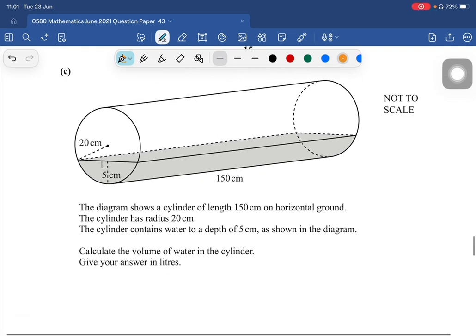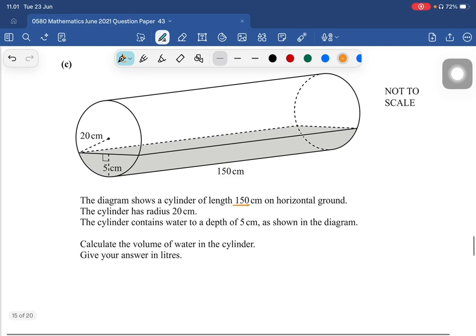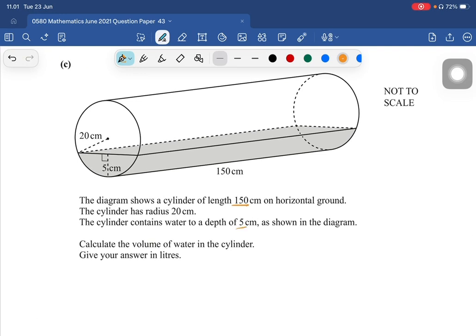Okay, part C. The diagram shows a cylinder with a length of 150, on horizontal ground. The cylinder has a radius of 20 and contains water to a depth of 5 centimeters, as shown in the diagram.